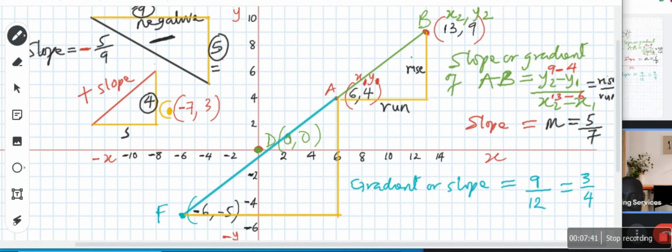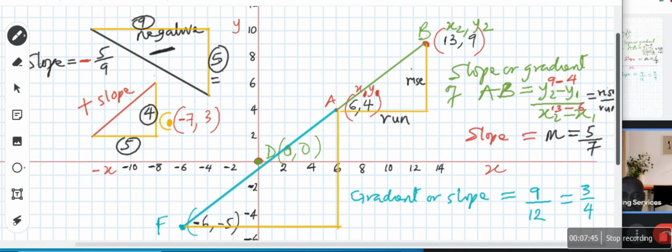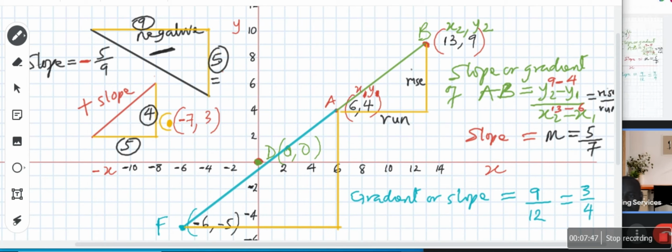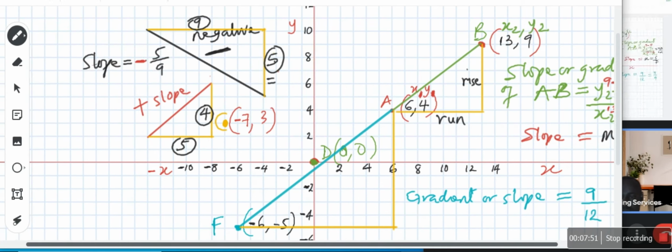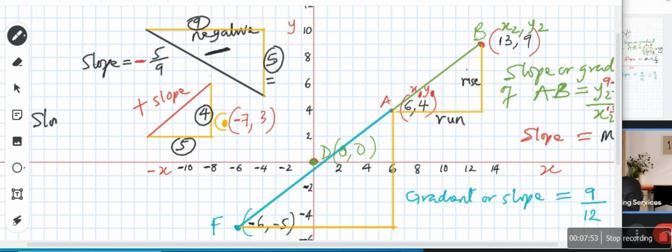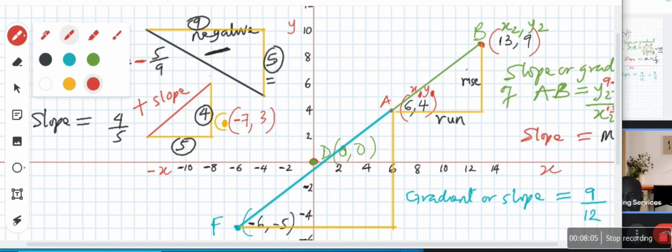Run is 5. So the slope for this other one is simply 4/5, but it's going to have a plus because it is sloping upwards.